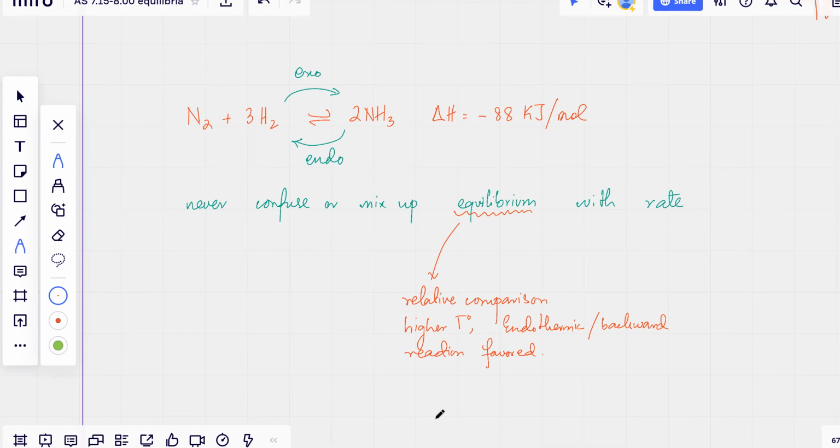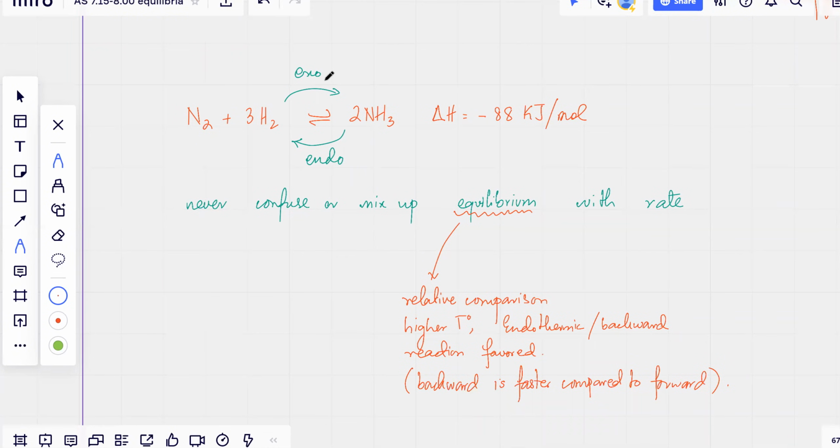It just means that the backward reaction is faster compared to the forward one.